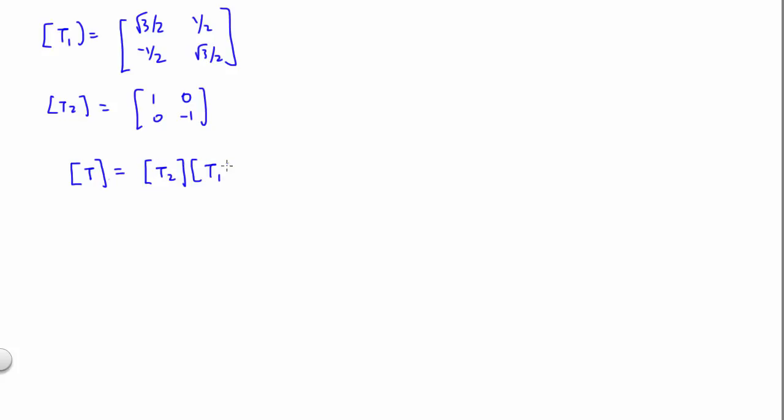The multiplication is actually happening from right to left. So the first step in the transformation, we need to have that standard matrix on the right, and as we do subsequent steps of the transformation, our matrices are multiplying in on the left. So we've got the standard matrix for T1, and then on the left of that, standard matrix for T2.